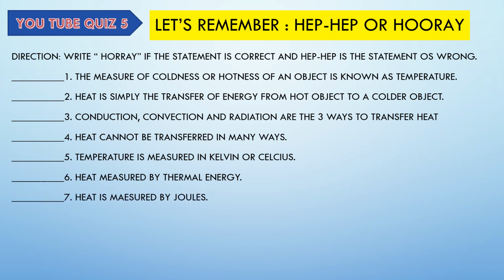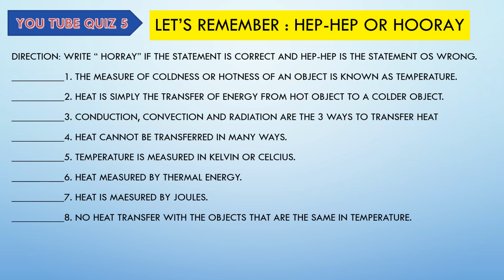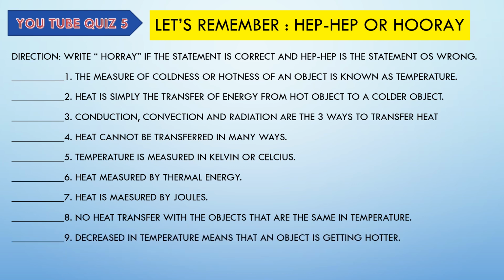Number 7, heat is measured by joules. Is it hep or hooray? Number 8, no heat transfer with the objects that are the same in temperature. Kapag daw pareho ang temperature, wala daw na-transfer na heat. 9, decrease in temperature means that the object is getting hotter. If bumababa daw yung temperature, ibig sabihin daw, yung isang object ay umiinit.